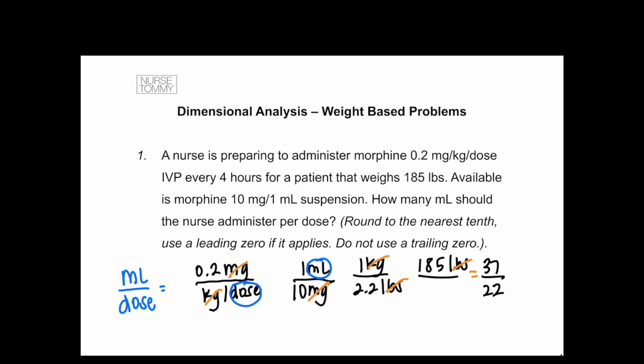I'm going to divide 37 by 22 and get 1.68. Since I know I'm only going to be putting this number in the nearest tenth, I'm going to round up to 1.7 milliliters per dose. And that is my final answer.